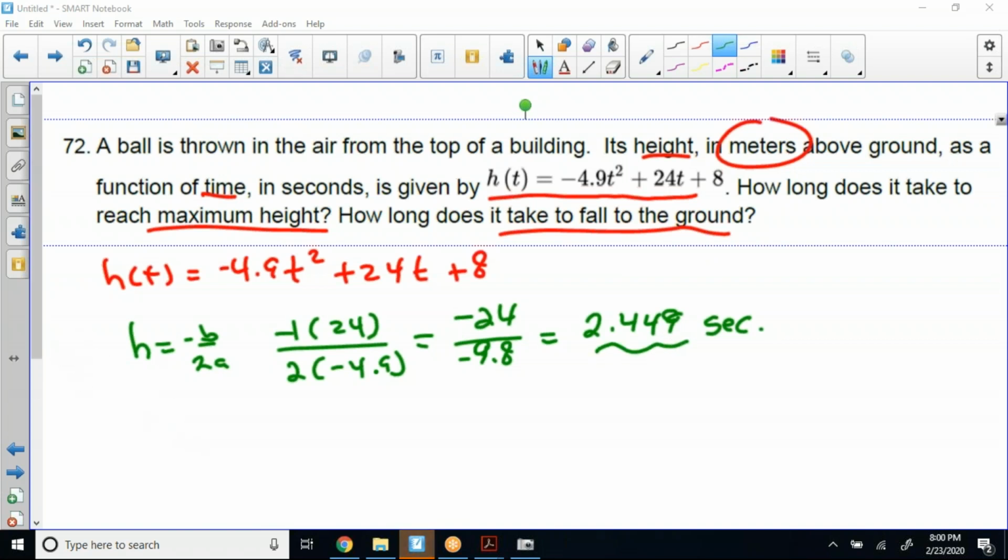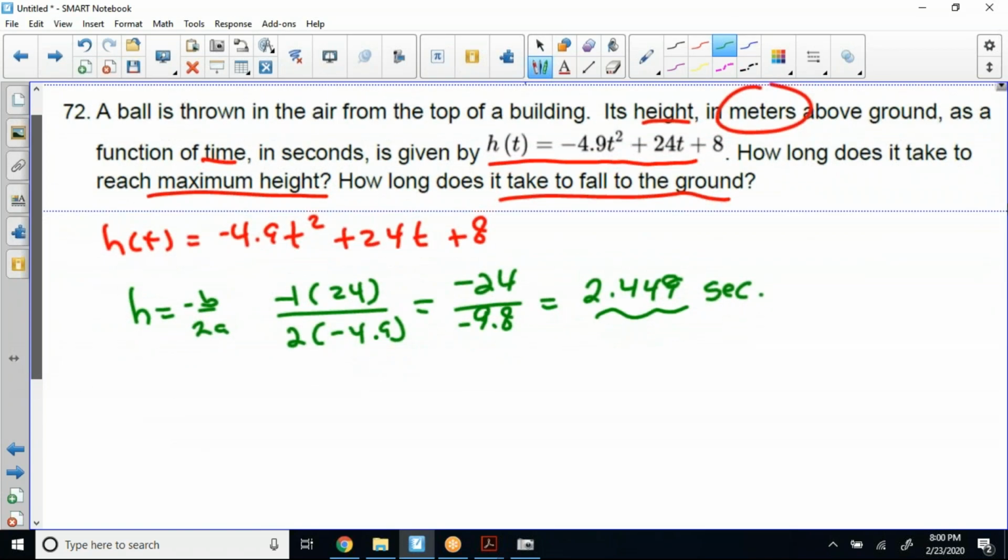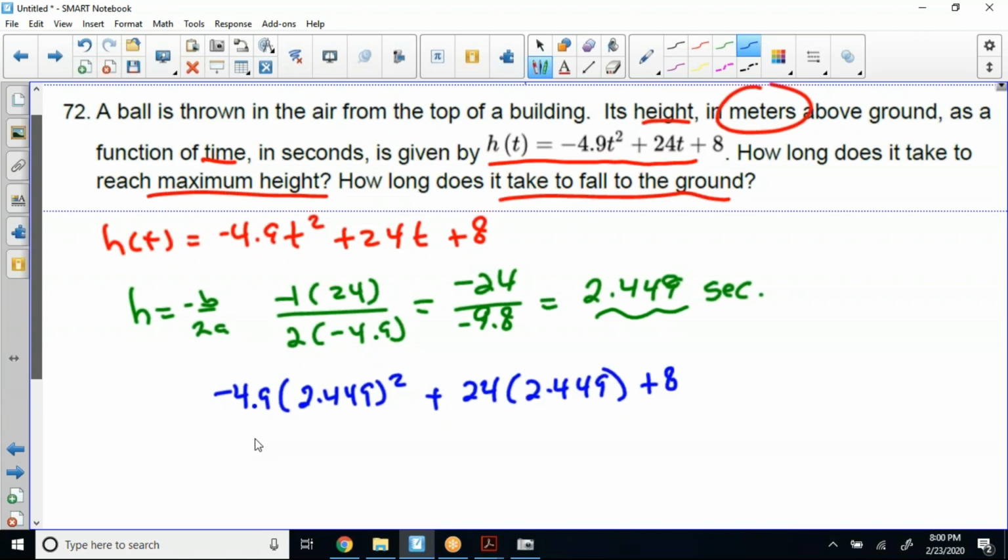Then we're going to plug that back into our equation. So negative 4.9 times 2.449 squared plus 24 times 2.449 plus 8, and that's going to give us, well, let's type it in and see what it does give us.